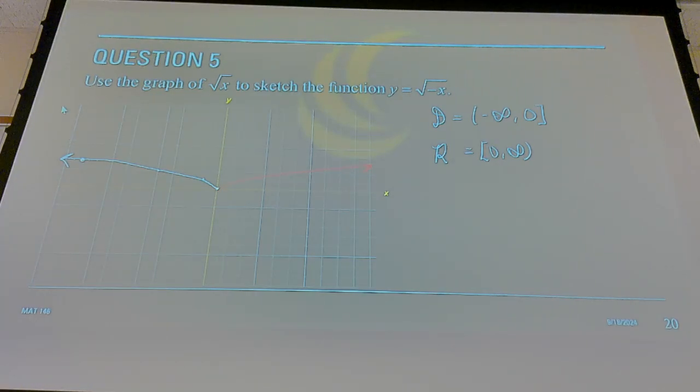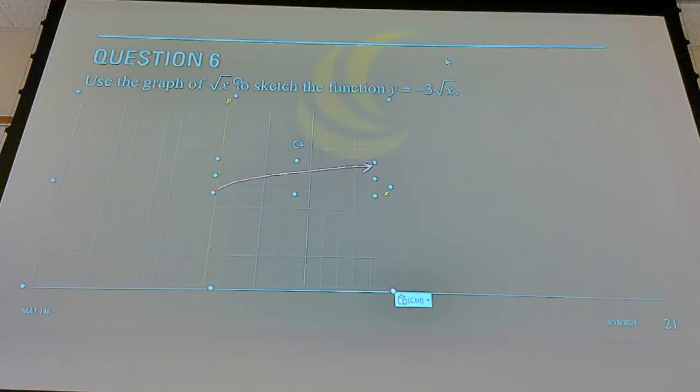Negative 3 root x. So what happens? Reflect over the y and stretch how? Stretch.